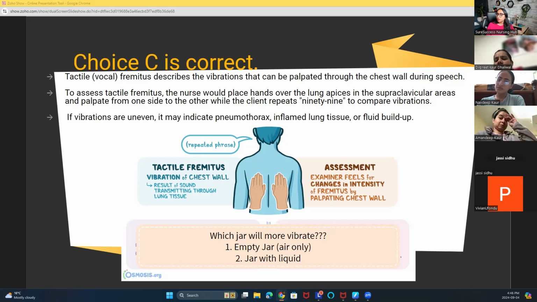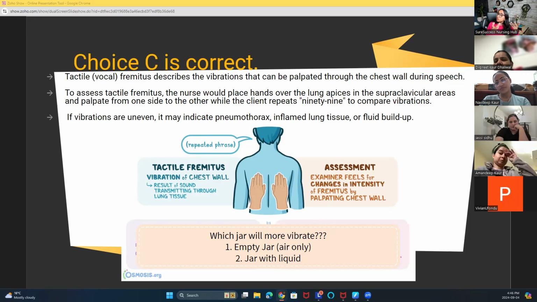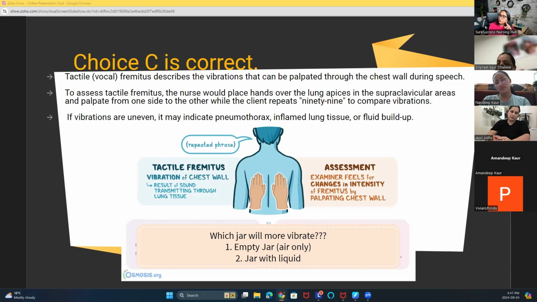If you touch their chest when they have too much secretion and too much cough, you will feel more vibration. More vibration means more secretions; he is sick. Less vibration means there is lots of air. There is no mucus; it is too much air. For example, in COPD, too much air, and the air is not going out because of the swelling. Okay, that is what tactile fremitus is telling you.